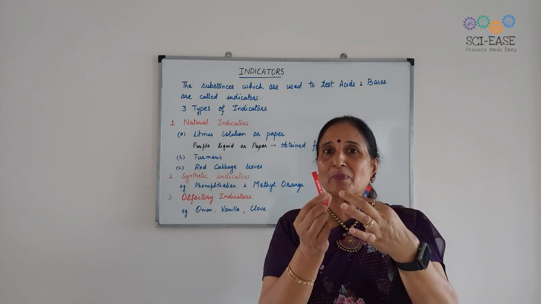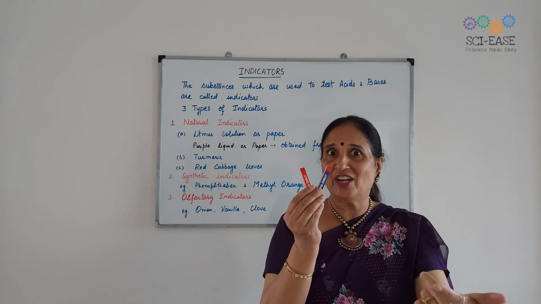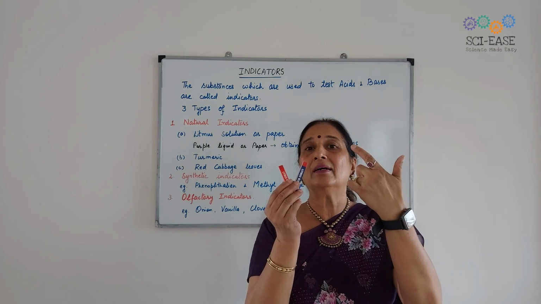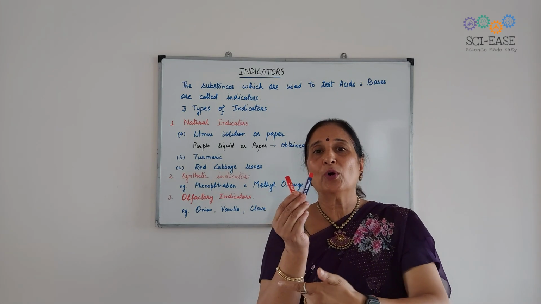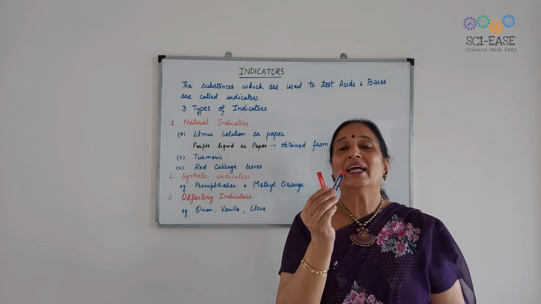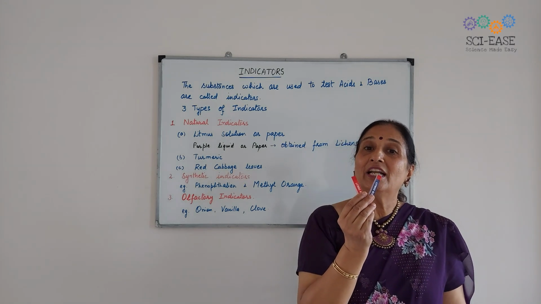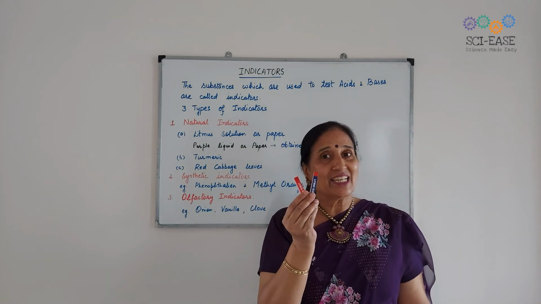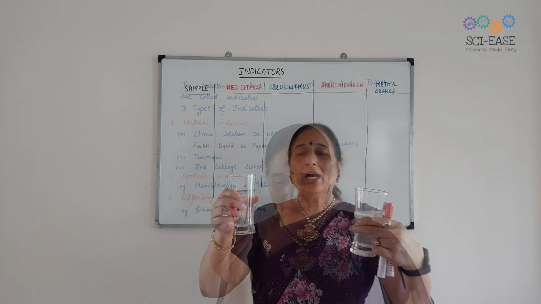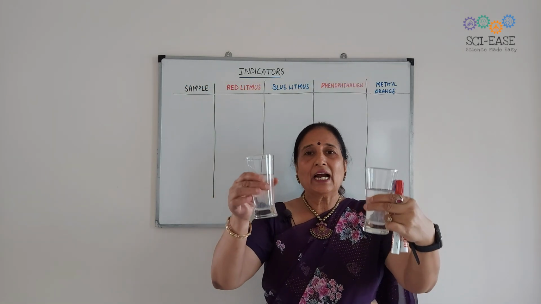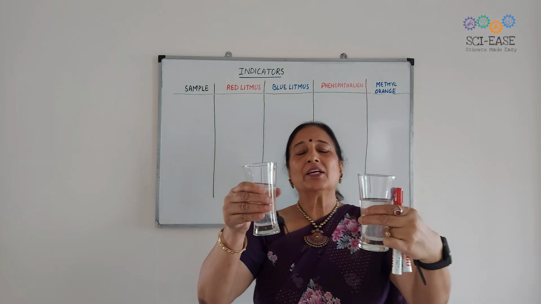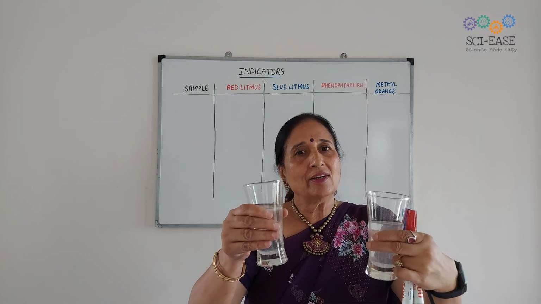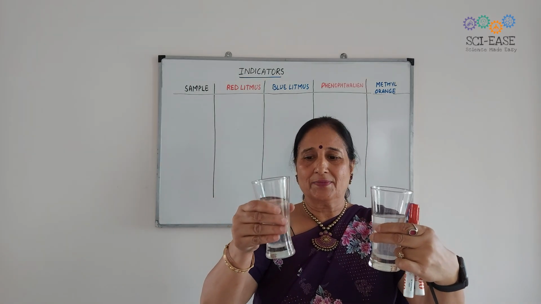With these litmus papers, how does the color change when I put them in the baking soda solution and in the lemon juice? Okay, that I'm going to tell you. Now, I have told you that I have two glasses. In one glass there is acid and in the other there is base.